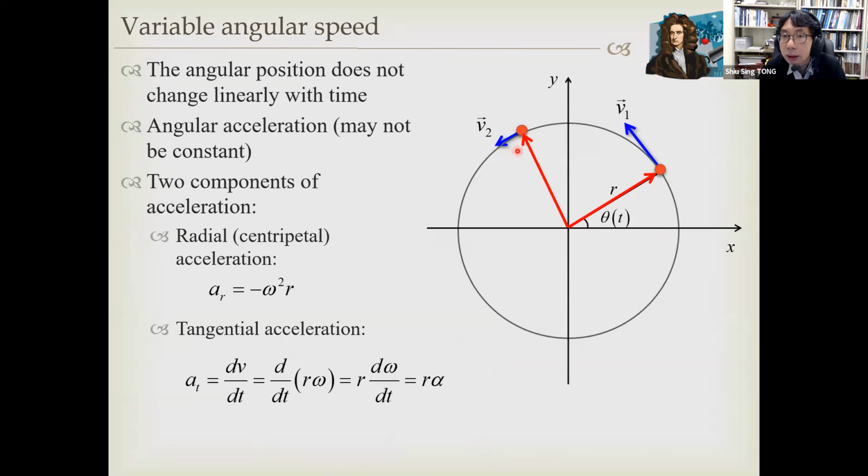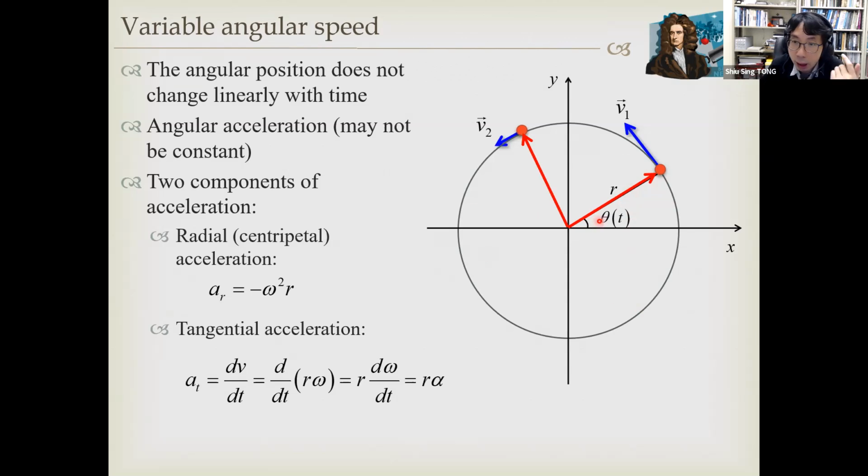Now, in rotation, we frequently encounter a change in speed. So the circular motion that the object exhibits may not be a constant angular velocity circular motion; the angular speed may be changing with time.